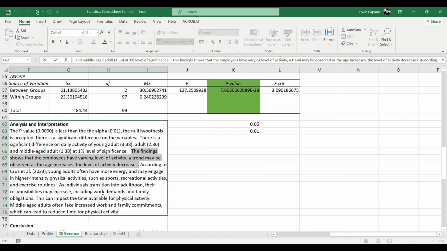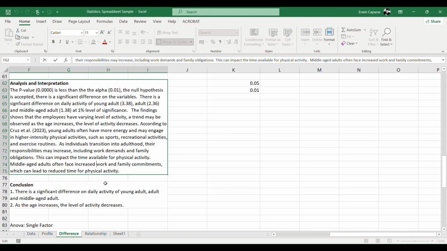As individuals transition into adulthood, their responsibilities may increase, including work demands and family obligations, and this can impact the time available for physical activity. And the middle-aged adults often face increased work and family commitments, which can lead to reduced time for physical activity. So that is how we make an analysis and interpretation.